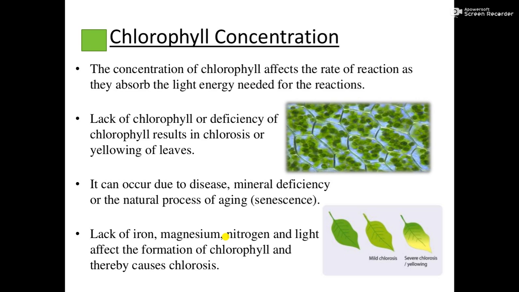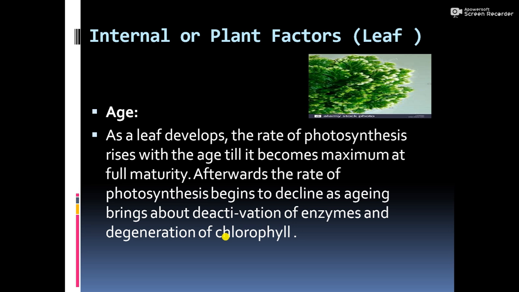Deficiency of chlorophyll results in chlorosis, or yellowing of the leaves. It can occur due to disease, mineral deficiency, or the natural process of aging. Lack of iron, magnesium, nitrogen and light affect the formation of chlorophyll and thereby cause chlorosis.